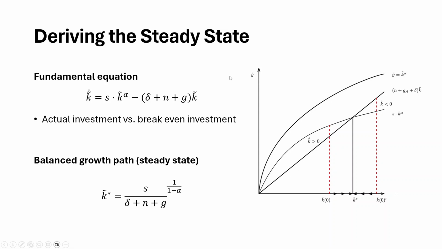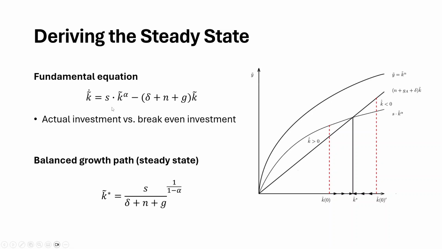Without going through the whole derivation, we can find that this change in the efficiency units of capital over time is equal to the savings rate times the efficiency units of capital to the alpha, minus delta plus N plus G times k tilde.